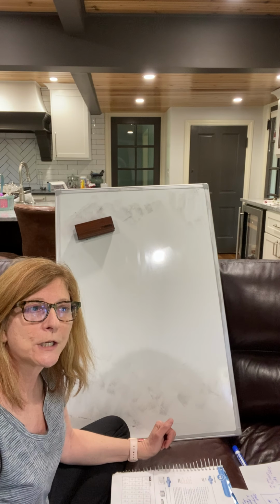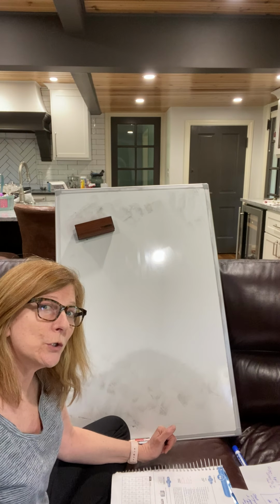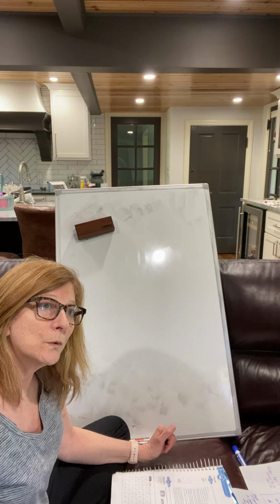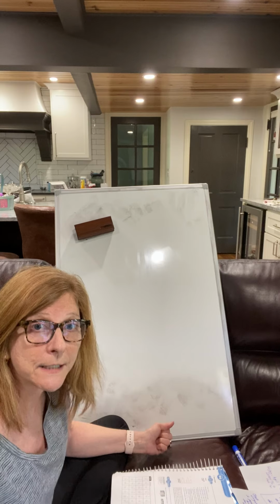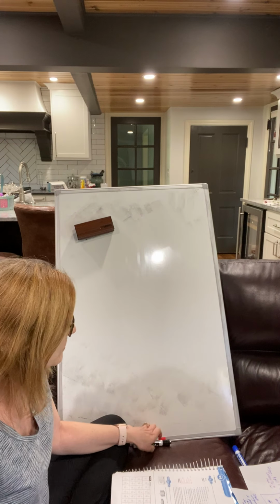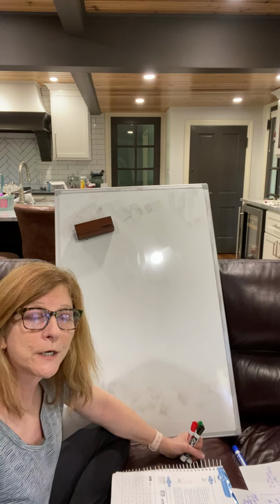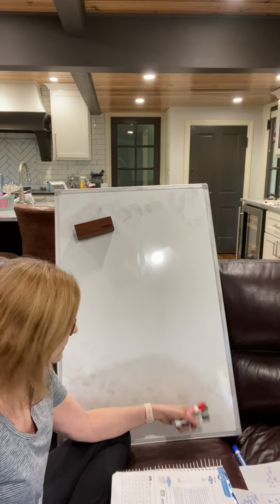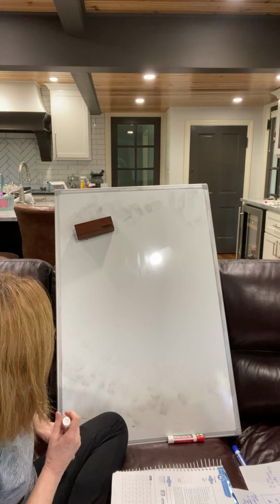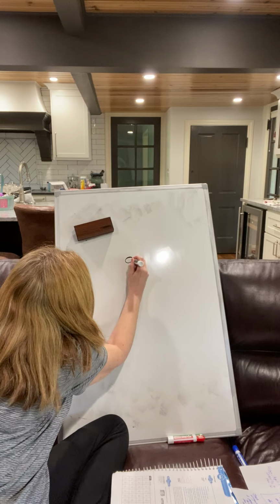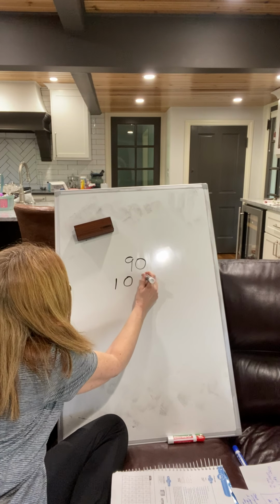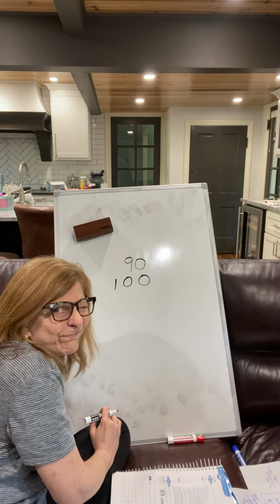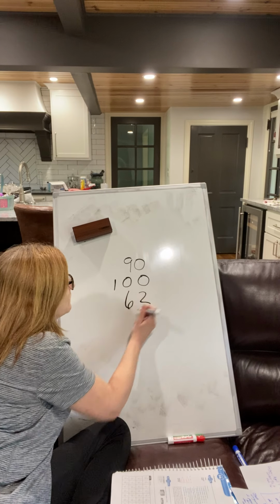Another way to use averaging is, a lot of you want to know, Mrs. Pullman, what did I get on my test? Because what I do at the end of the year is I take those test grades. Let's say you get a 90, and then you get a 100, and then you have a bad day, and you get a 62.